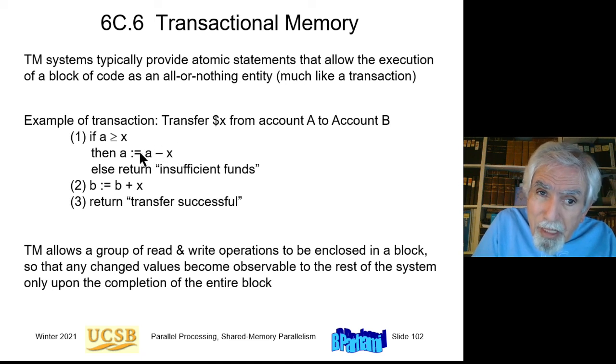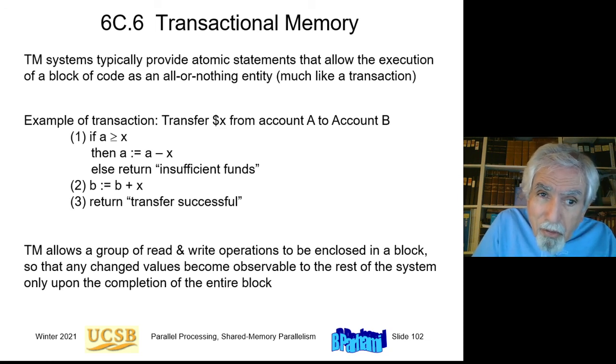This account has less money now, but this account does not yet have more money as a result of the transfer. However, if we guarantee in some way that the values of A and B do not become externally observable to other processes or processors until all three of these operations have been completed, then we don't run into that problem. Because the old values of A and B will be available to other processors. Those are consistent values.